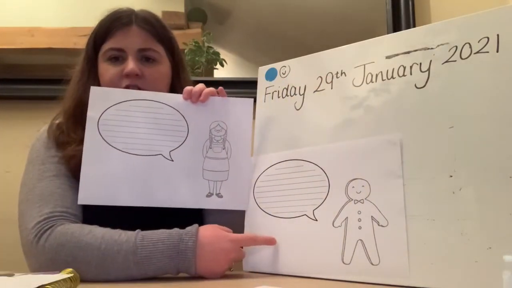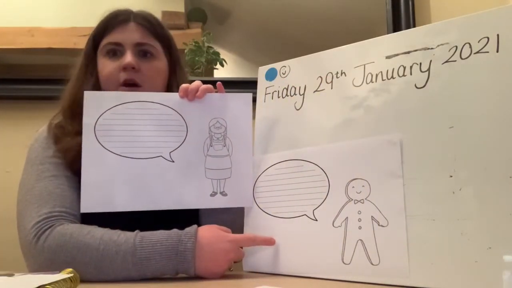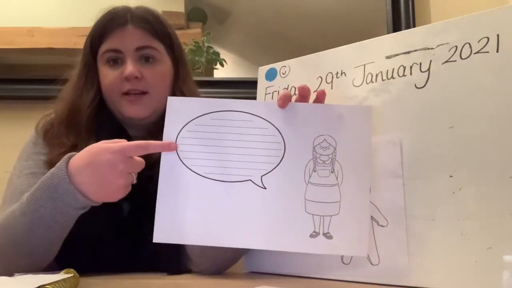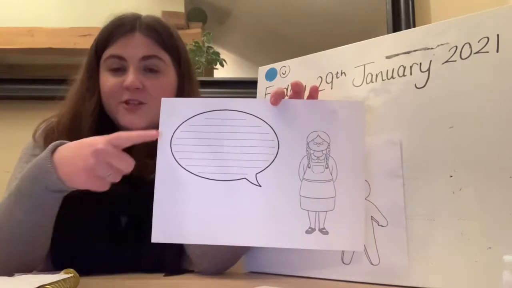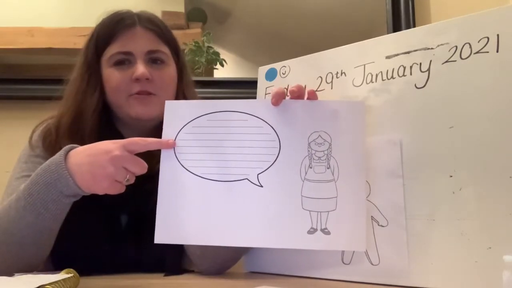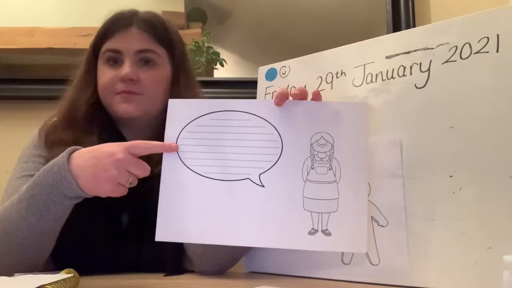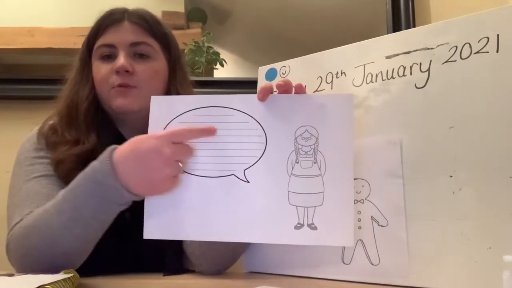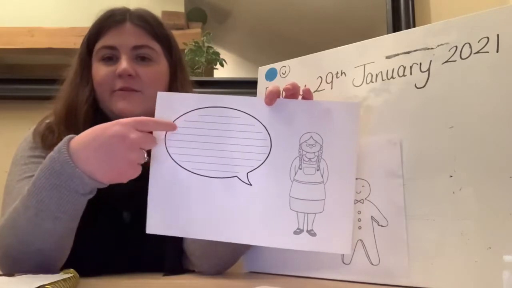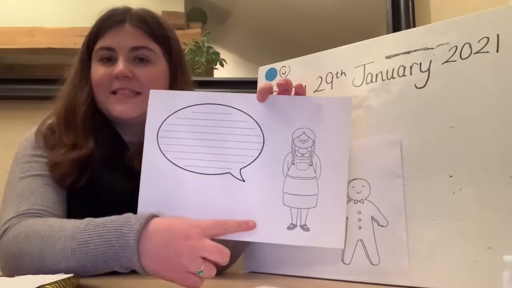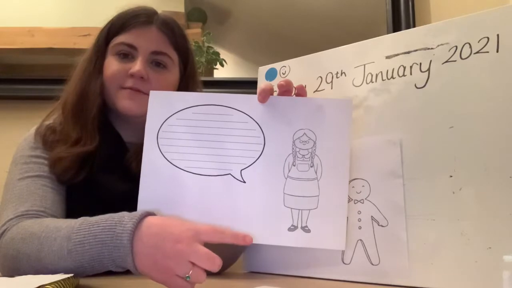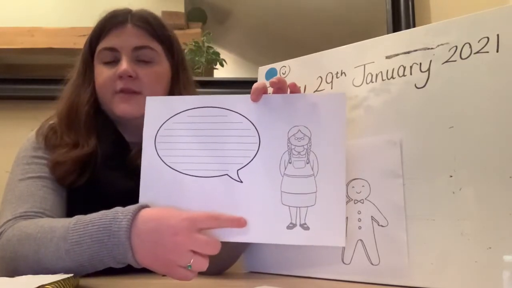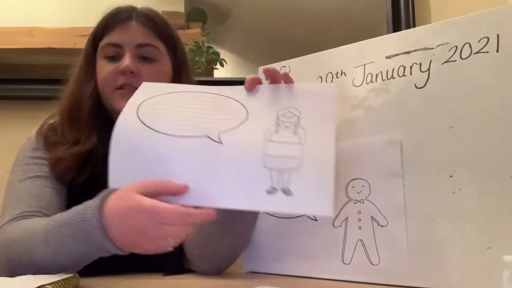Is it coming from the gingerbread man? No. Does it come from me because I'm going to write in here? Or you because you might write in here? Is that who the speech is coming from? No, it's coming from the little old woman. So when we write in here, it's going to be something that the little old woman has said or maybe would say. And we can use our imagination to think of that from the story. We're going to be looking at that a little bit later on.